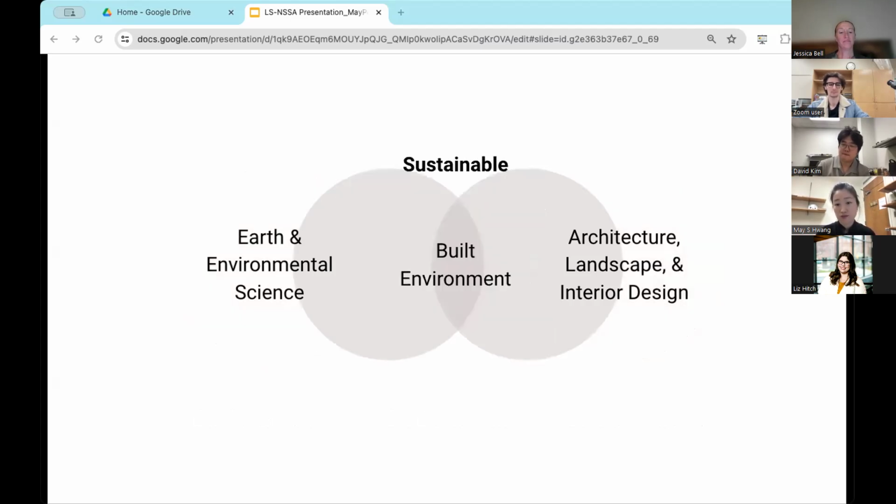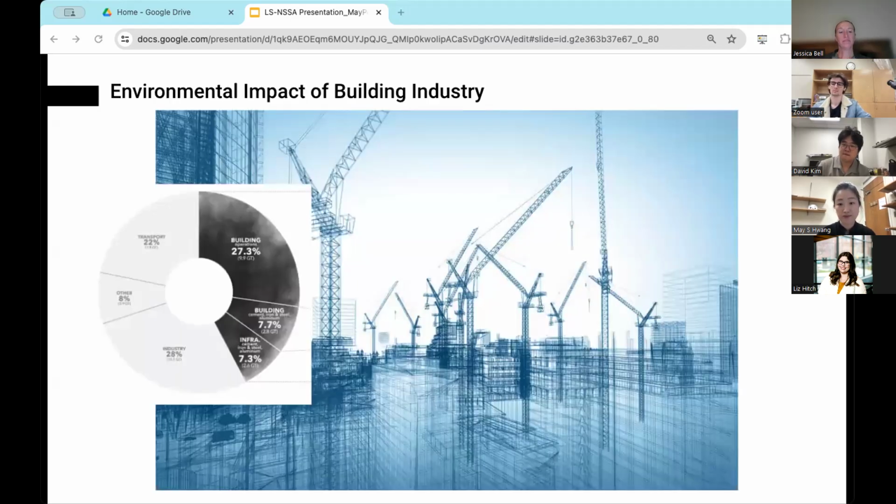So our goal for this project is to have a truly interdisciplinary way of collaborating and coming up with a sustainable built environment. So going over why our project is important. The built environment is responsible for about 42% of annual global CO2 emissions.